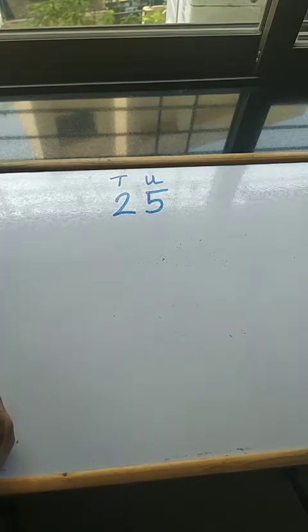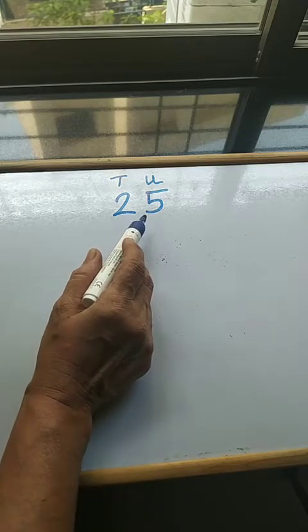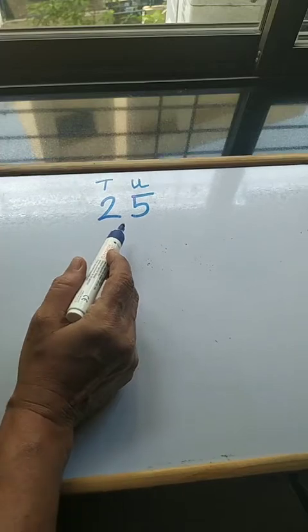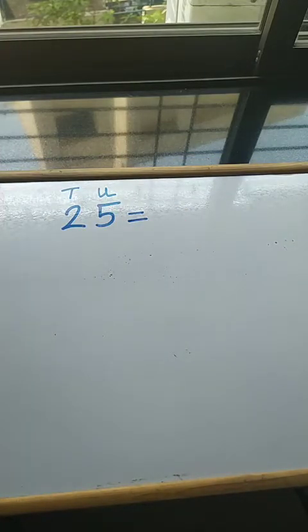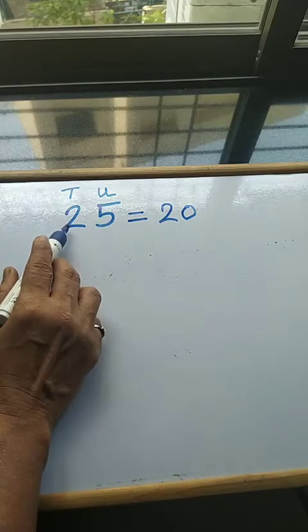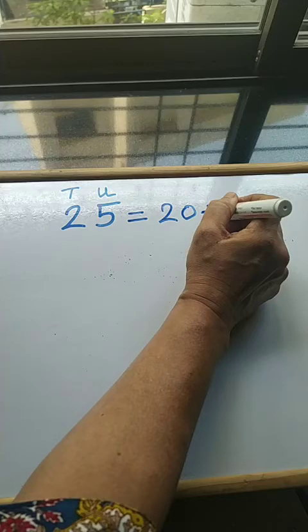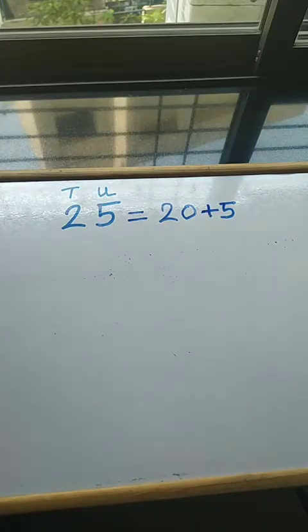In primary, you have learnt how to write 25 in expanded form. So if you have to write 25 in expanded form, you will write it as 20 because it is in tens place, plus 5 because it is in units place.